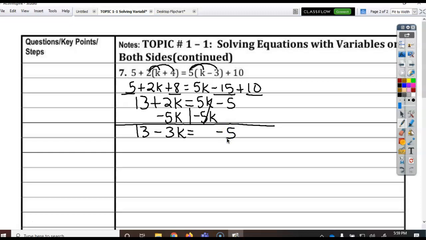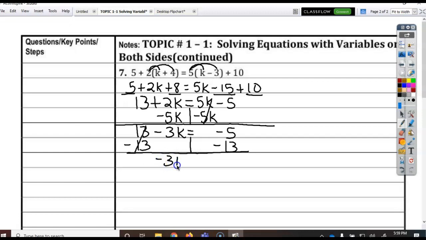Right after letters to the left, you do numbers to the right. This is a positive 13, so we're going to subtract 13 from it. I'm going to come over across the equal sign right over here and put a minus 13 also. Okay, that cancels it out because 13 minus 13 is 0.